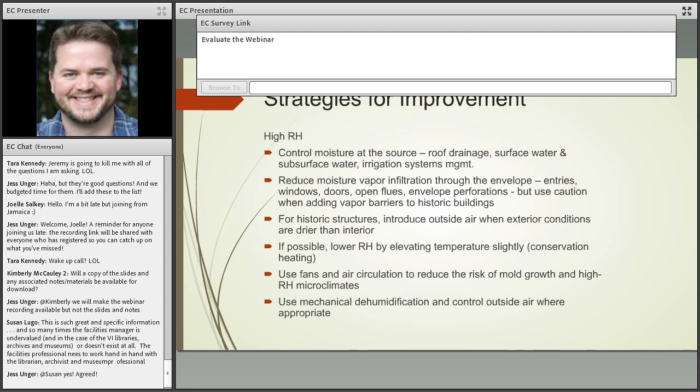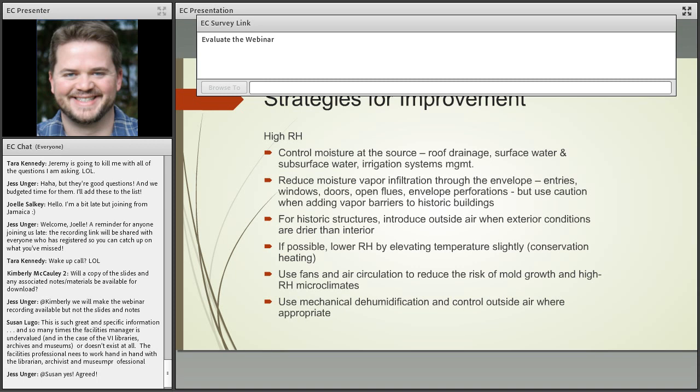Sure. No, it's a really good question, Tara, and the answer is absolutely yes. All of us exhaust moisture every time we breathe. So the more people we get into a space, it certainly does impact the moisture load, which is why when we're thinking about those spaces where high occupancy is a possibility, galleries or public spaces that might be used for events, then we need to think about the amount of dehumidification capacity that the system is capable of.